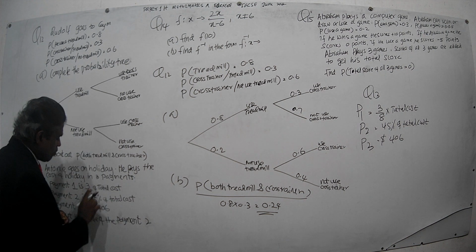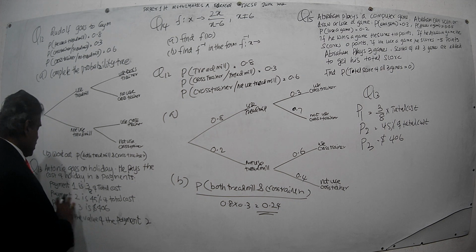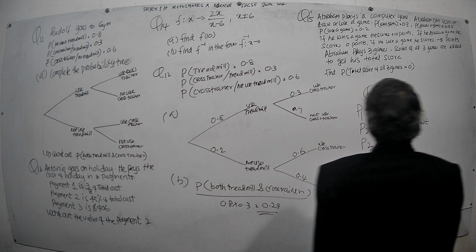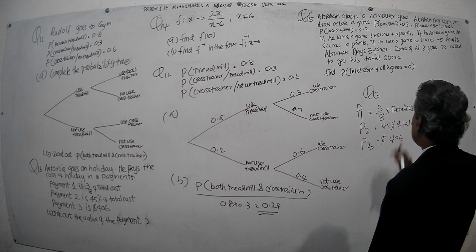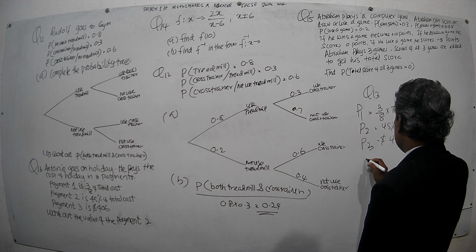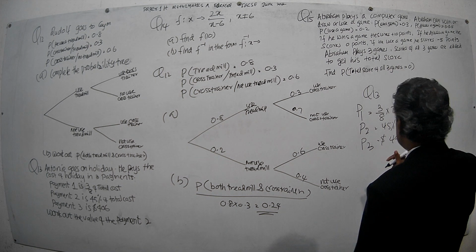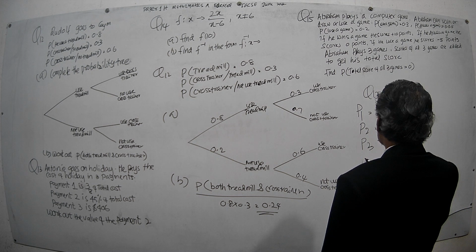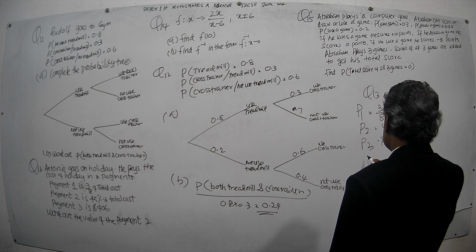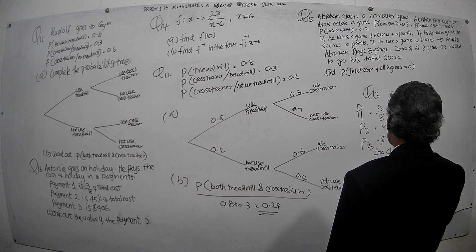Then 1 minus the sum of these two will give the fractional value of this one. Using that fractional value and the actual value, we calculate the second one. Then we calculate the fractional values of P1 and P2. Then we write the fractional values here.